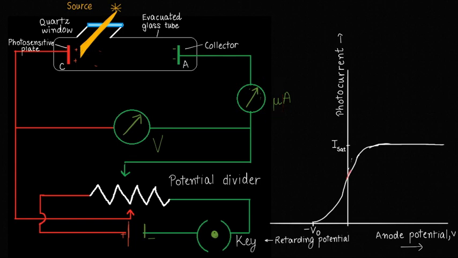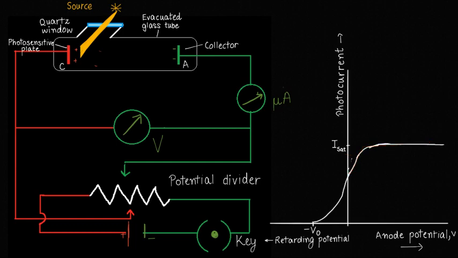So with the increase of the potential at the anode, the current also increases linearly until a point where the current becomes constant. This constant maximum current is known as the saturation current, denoted by ISAT. So this is how we get this half of the curve.